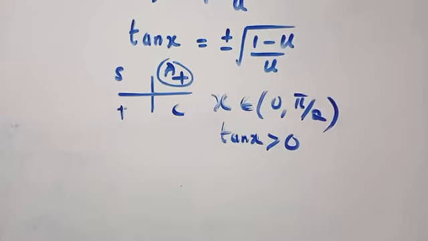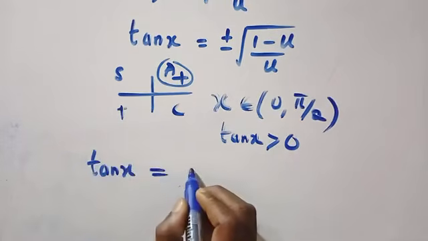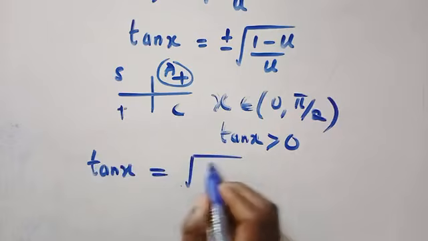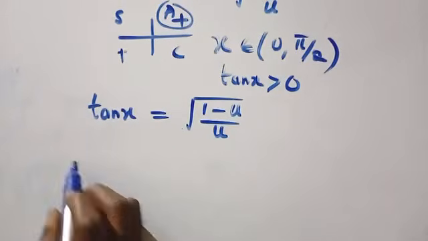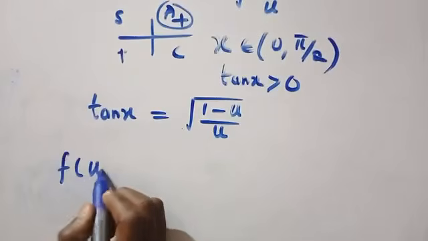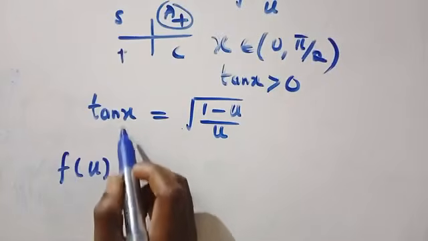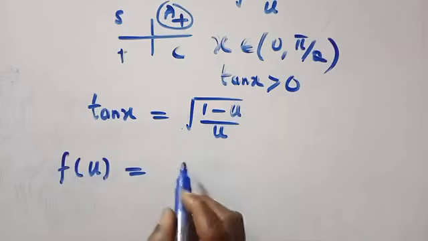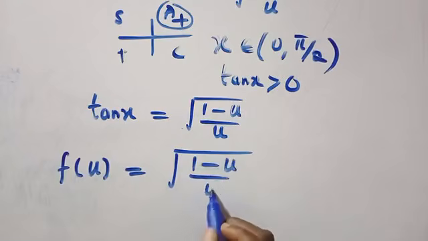So therefore, tan x equals the square root of 1 minus u divided by u. And again, we now have f of u equals tan x, and tan x is given as the square root of 1 minus u divided by u.